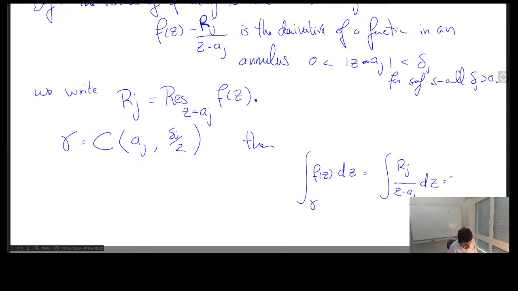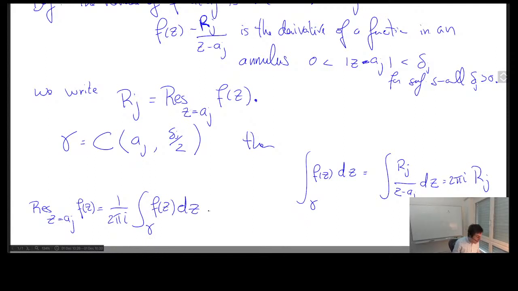And so this is just equal to 2 pi i Rj. Another way of writing this is that the residue at z equals Aj of f of z will be equal to 1 over 2 pi i times the integral around this curve of f of z dz.